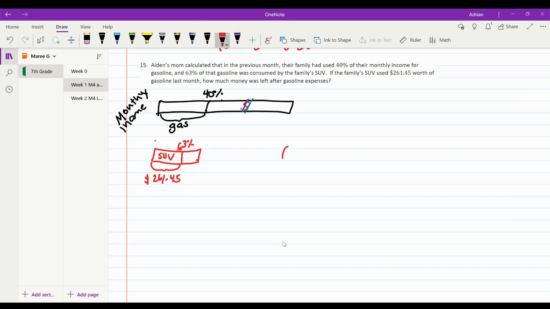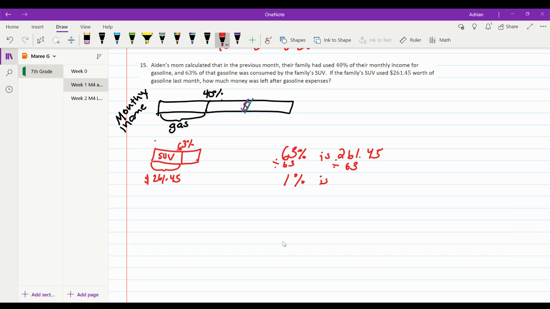So we know that 63% of gas is $261.45. So I can change this into 1%. So if I have 1%, I would divide this by 63, so that I have 63 divided by 63 is 1. And whatever I do on one side, I do to the other.